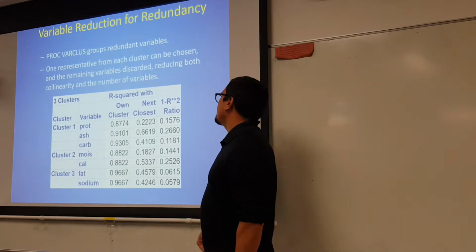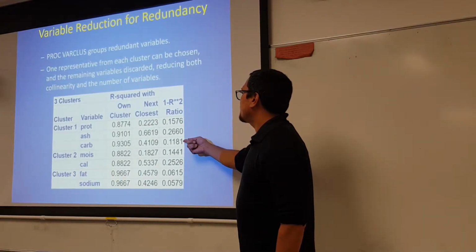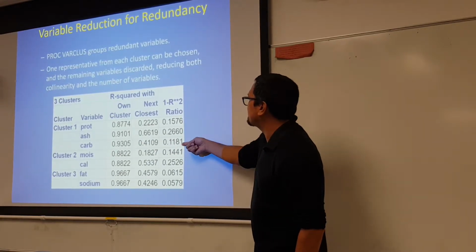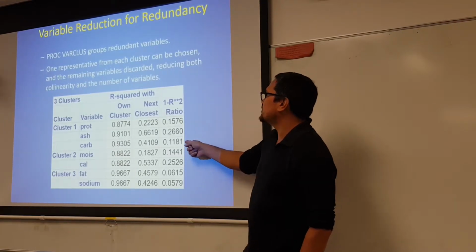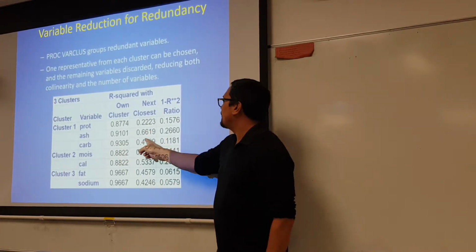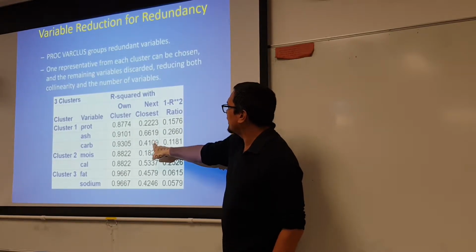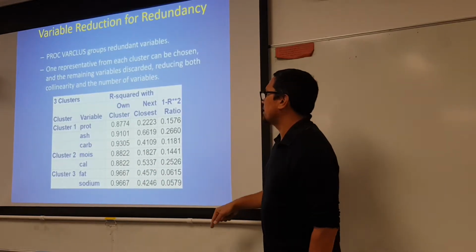You work out the 1 minus R squared ratio, and you choose the lowest number. So for this cluster, this particular statistic is choosing carbohydrates as the best candidate, because although it has a moderate correlation with the next closest, it's got a very good correlation with the actual cluster itself.